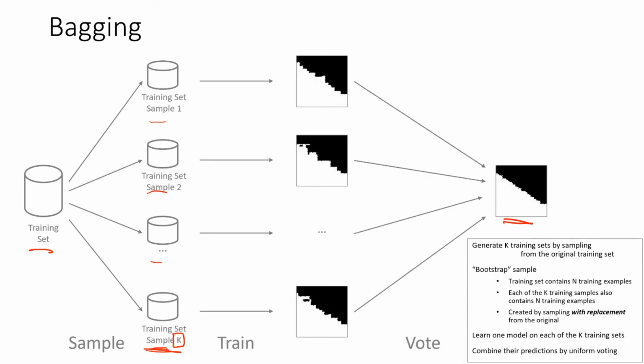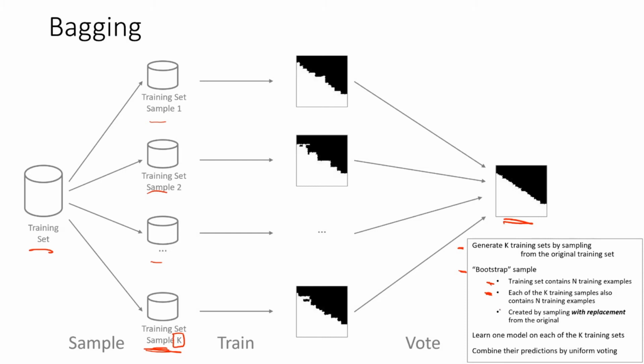Here's pseudocode for that. Generate K training samples from the original training set. And the way you do it is you generate a bootstrap sample. On the next slide, I'm going to go through the details of this. This is the type of thing I'm going to tell you multiple times because it's important. It's a widely used technique, and it may be a little bit counterintuitive right when you first hear it. So we're going to go through this a little bit. If your original training set contains n samples, each of the K bootstrap samples also contains n training samples.